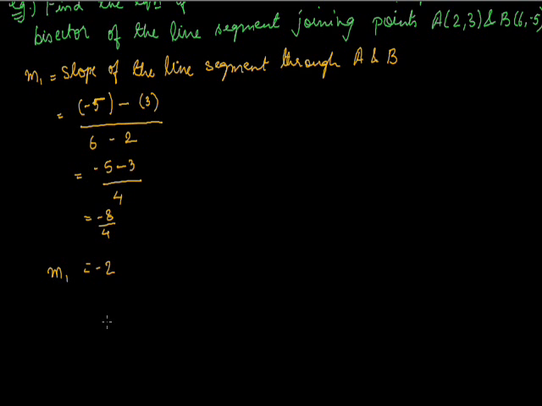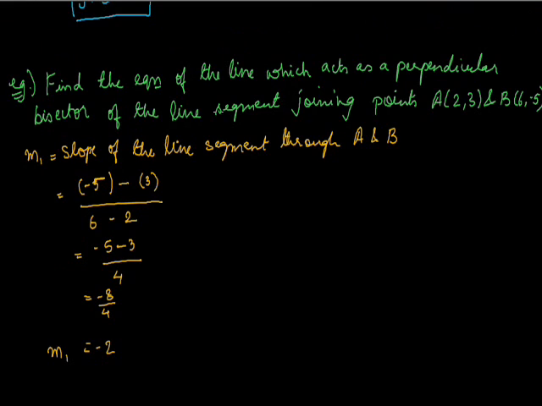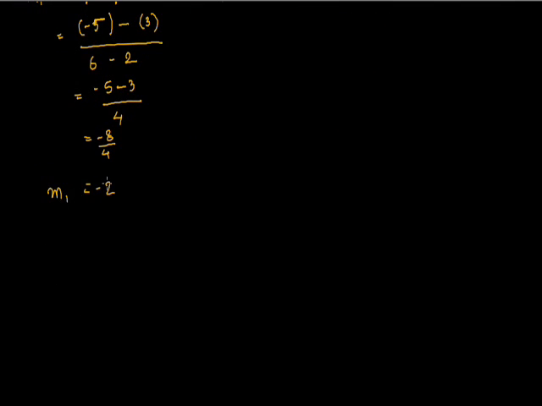Now we are required to find the equation of the line which acts as a perpendicular bisector of the line segment joining A and B. Since the slope of the line segment joining A and B is m1, I know that the slope of the required line, which is perpendicular to the line segment AB, m2, into m1 gives -1.